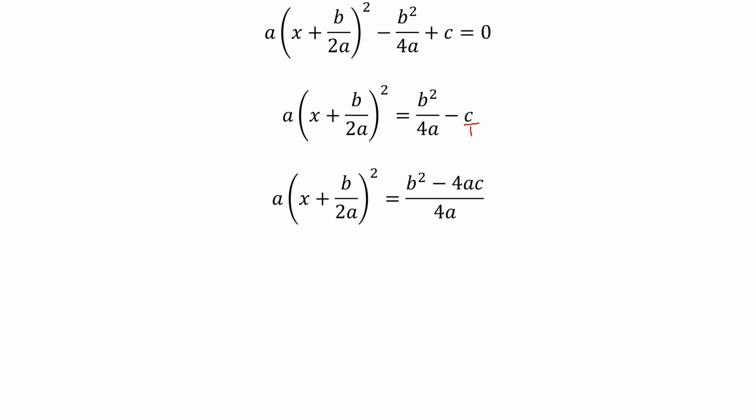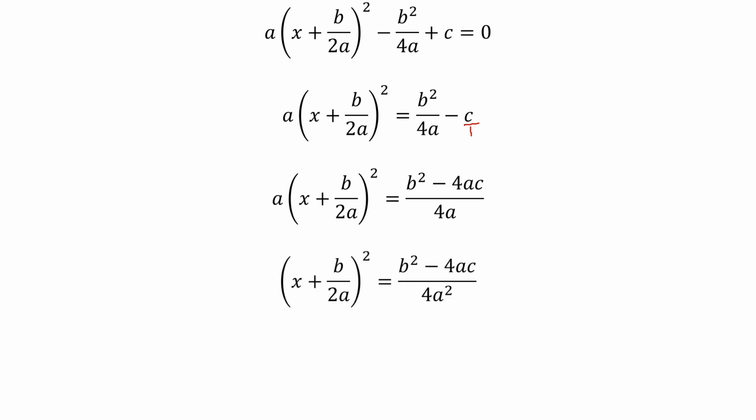If you still remember the formula, x is equal to minus b plus or minus the square root of b squared minus 4ac, all over 2a. Right. So I want to make x the subject of the formula here. So I am now dividing both sides by a, like this.